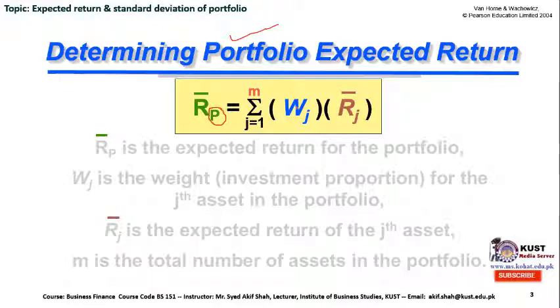This bracket starts with W J and is then multiplied by the relevant R J bar. This J refers to the relevant jth stock which we have included in our portfolio, and R J bar represents the expected return of the jth stock or share, the company J's share. For a single company's expected return, I have already explained in my previous lecture how to find the expected return of a stock.